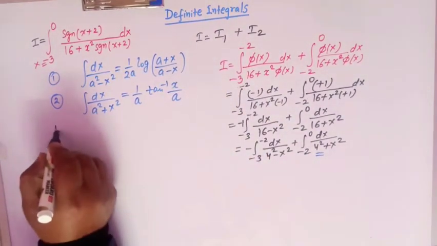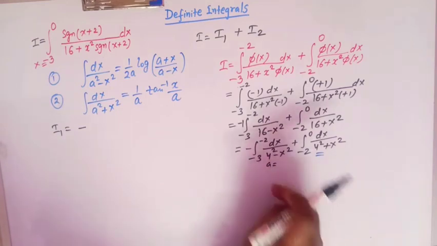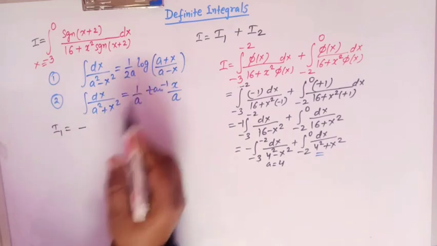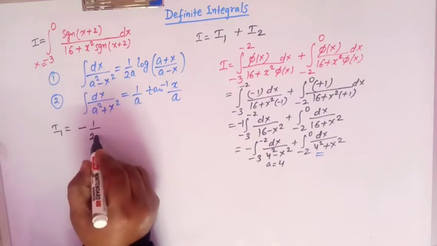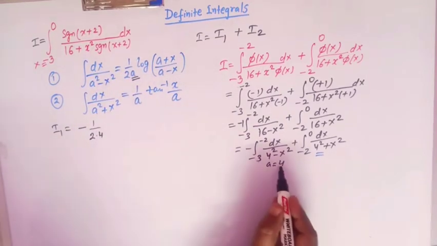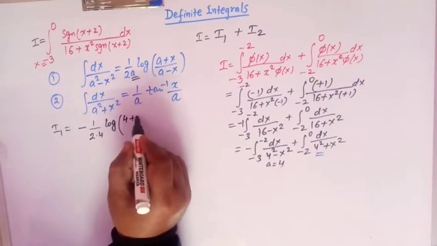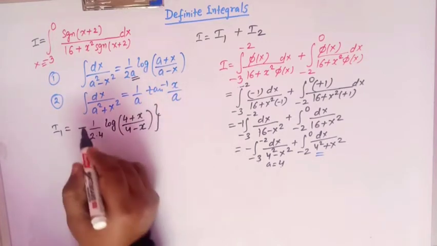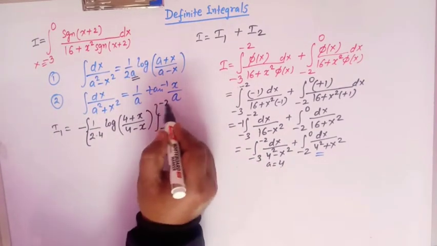So I1 is minus, and here we have the value of a as 4, because here we have 16 minus x square, and we can apply this result. So we have minus 1 over 2 times 4, because a is 4, and we have log of (4 plus x) over (4 minus x), and the limits are from minus 3 to minus 2.